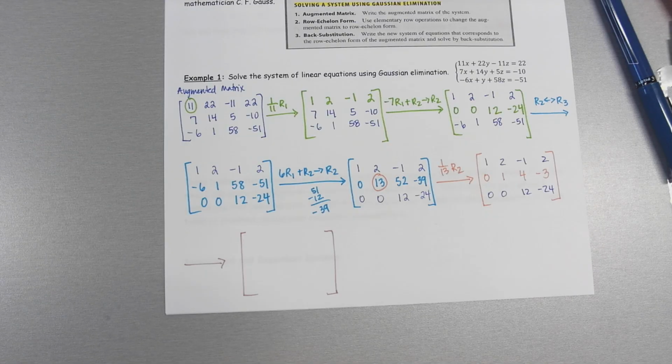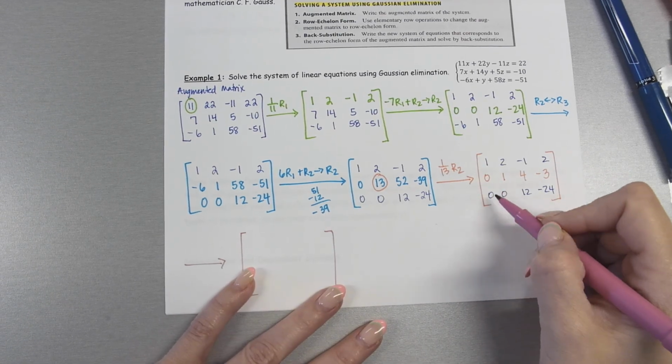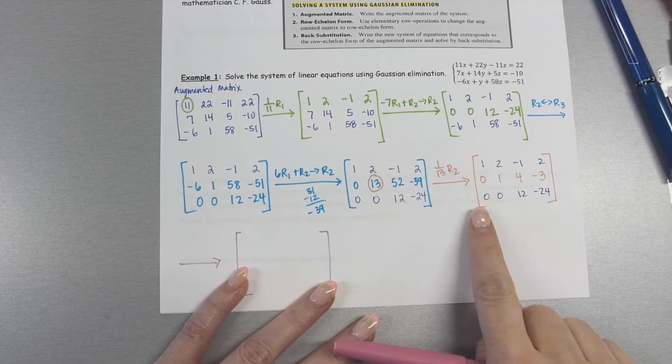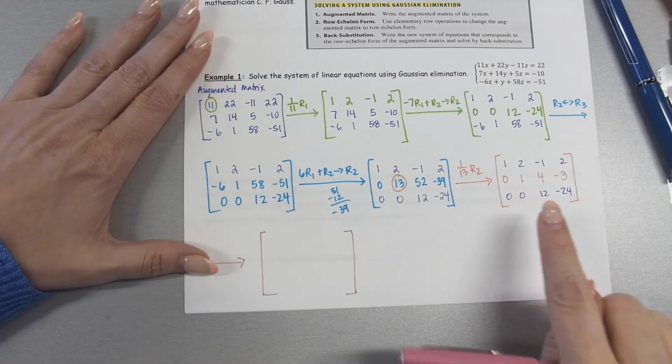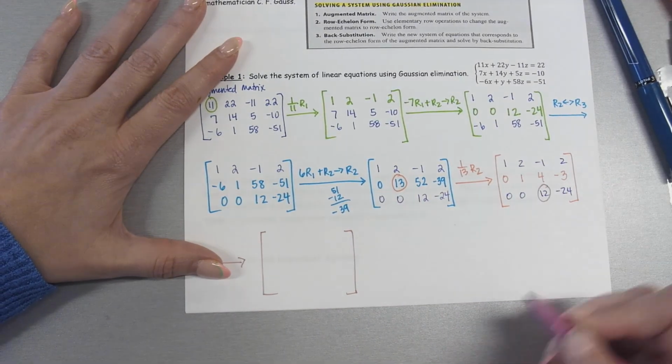Okay, so you have 1, 0, 0, 1, 0. So the next thing we want to do is get what? What do we need now in this row? A 1 where the 12 is.